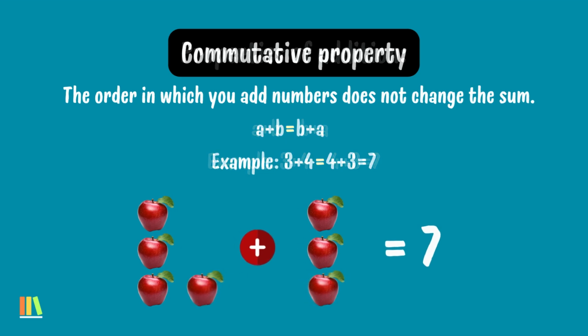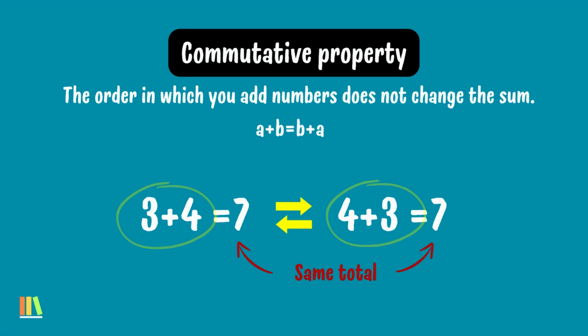This is the same as I have 4 apples and in addition I bought 3 apples. The total sum would also be 7 apples. The difference in the 2 equations is the order of the numbers. This, however, does not affect the total sum.